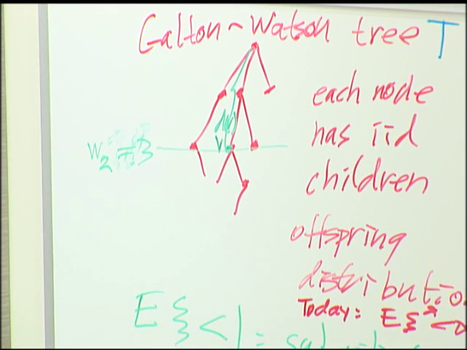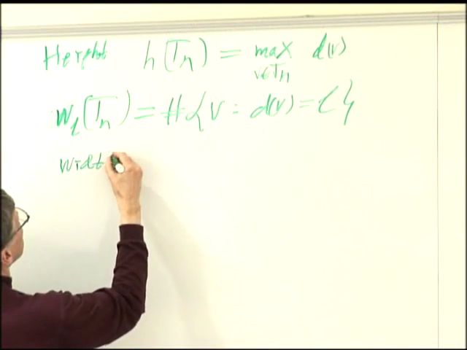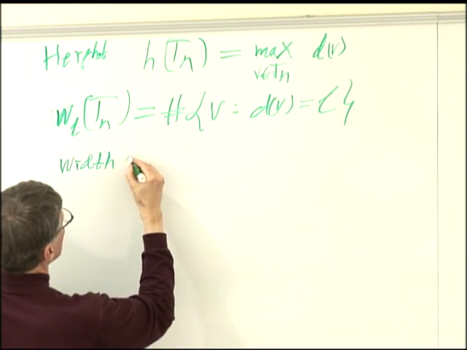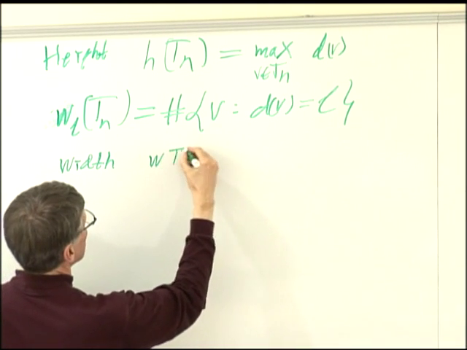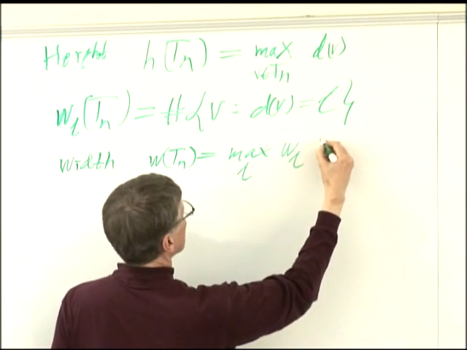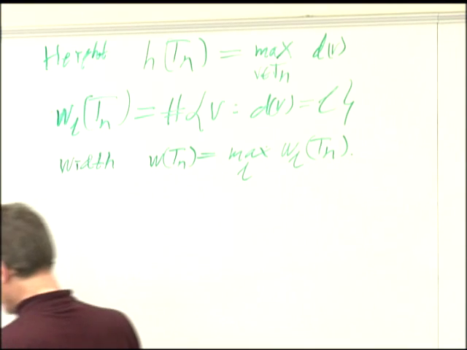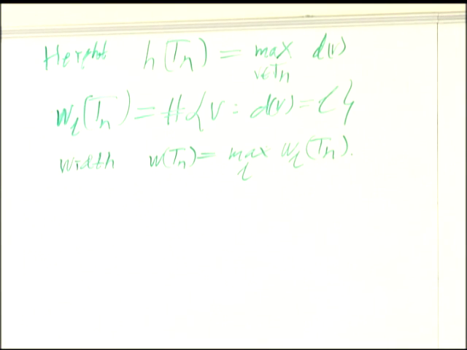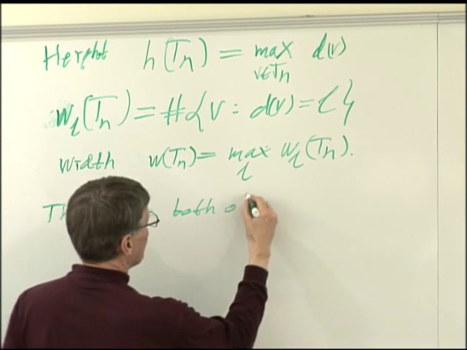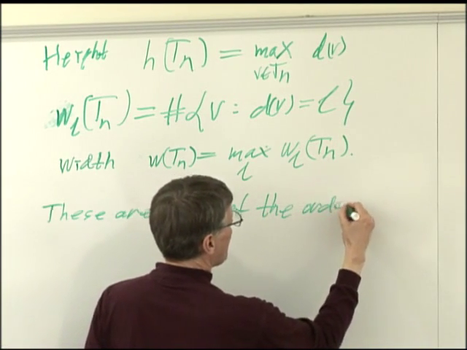And the width of the tree, let me denote it by W of T, is the maximum over L. And one thing which has been known for a long time is that these are both of the order of root n.